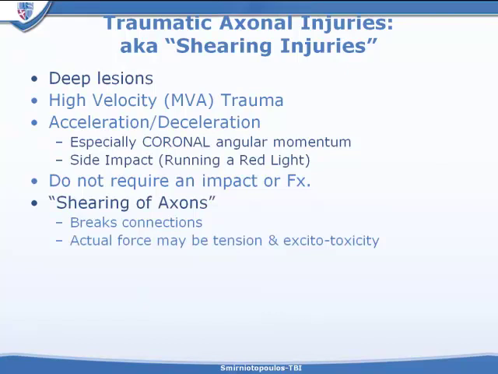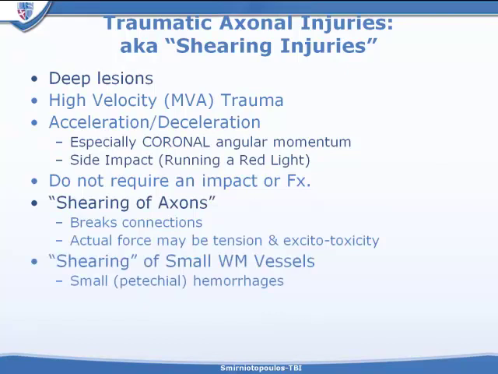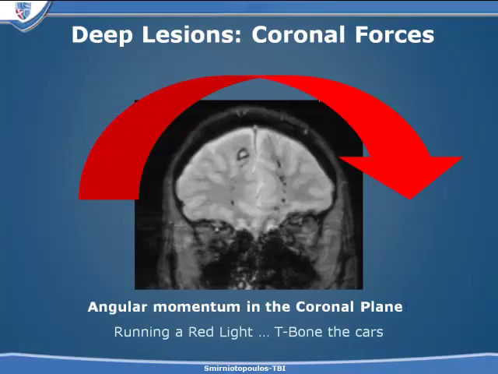But regardless of the actual mechanism in place, we have a disruption of the axons, and therefore we have a traumatic breakage in the wiring of the brain. What we most commonly image with traditional techniques in a patient that has a shearing injury is the secondary effect of the shearing of small white matter blood vessels that create very, very small punctate areas of petechial hemorrhage.